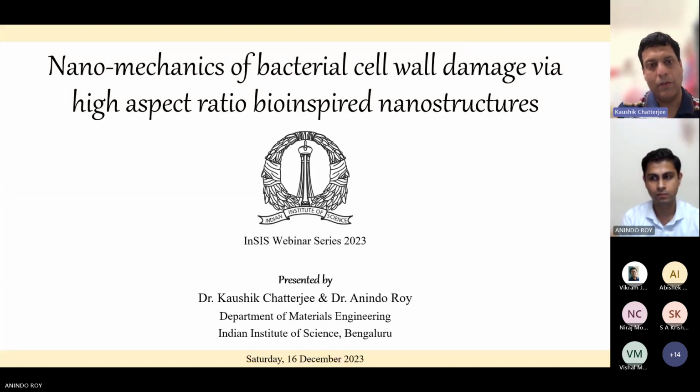We've been looking at topographies to kill bacterial cells, using essentially mechanical or physical forces to damage bacteria, in contrast to more conventional strategies which use chemistry or biomolecule-based approaches to tackle the challenges associated with bacterial colonization of surfaces and also bacterial infections.